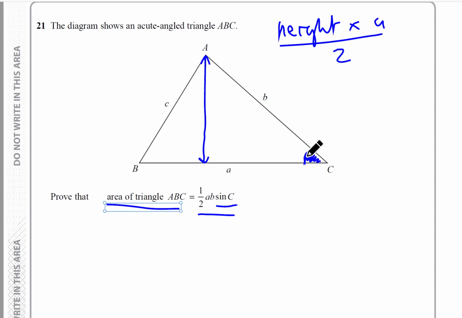Can you see B here? That will make a right angle. The little b is the hypotenuse and A is the adjacent. And that's the opposite. Now remember, sine C is going to equal opposite over hypotenuse.